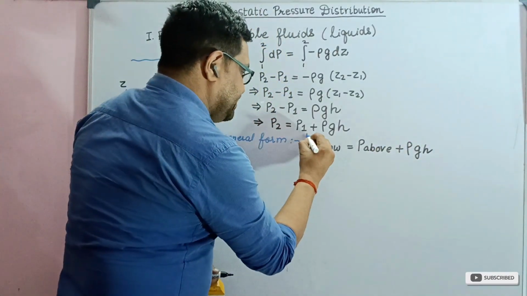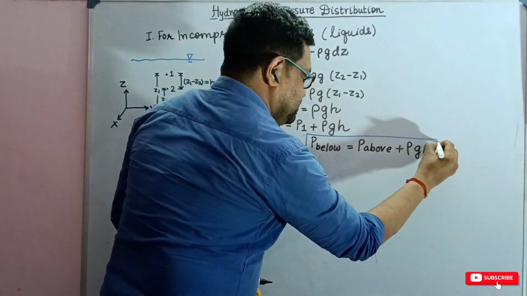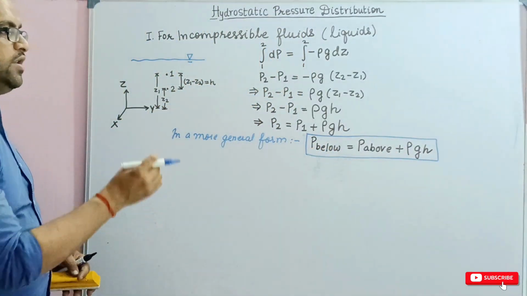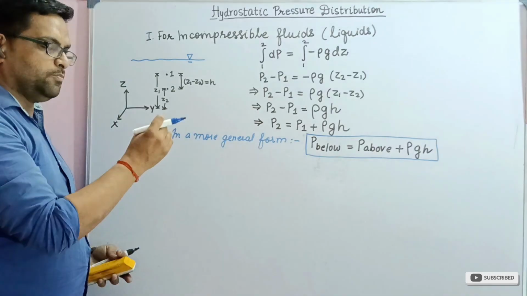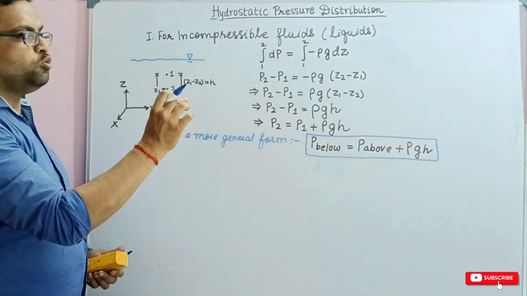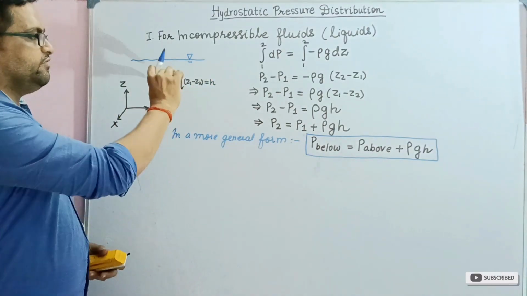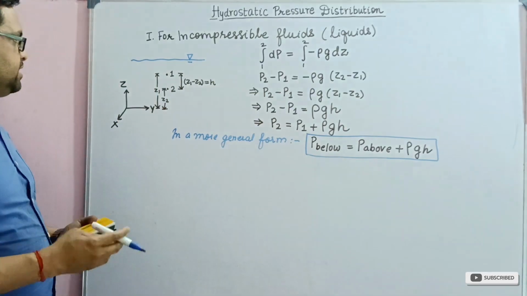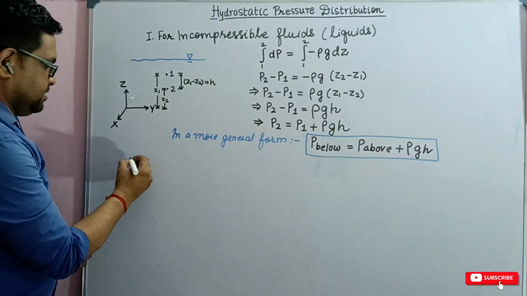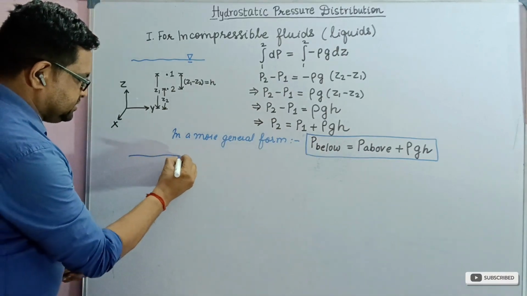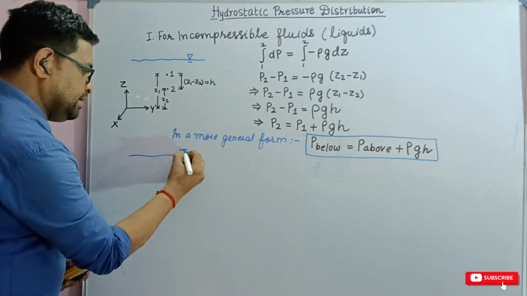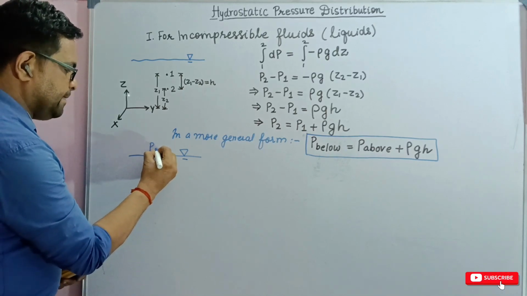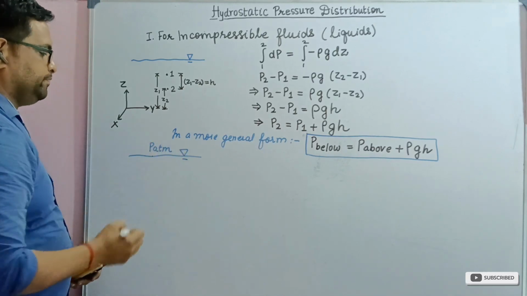So this is a very important conclusion which we have got, that the pressure at any point below will be equal to the pressure at the point which is above plus rho g h, where h is the difference of elevation between the 2 points. Now suppose we say that this is the free surface of the fluid, and since this is the free surface, the pressure acting here will be P atmospheric.